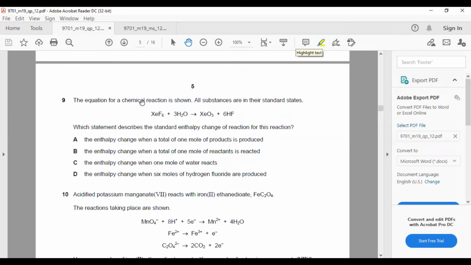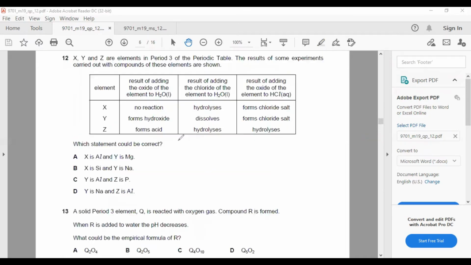Question 12. XYZ is a period 3 element. Period 3 element means sodium. Result of the oxide of the element in water: no reaction. There are only two such oxides. X will be either aluminum oxide or silicon oxide.